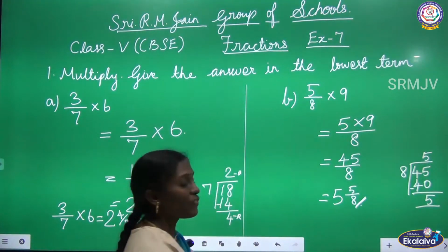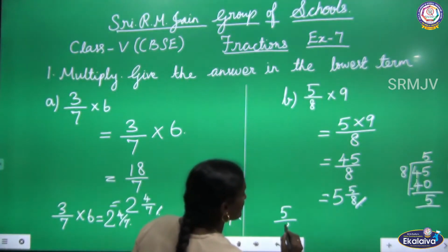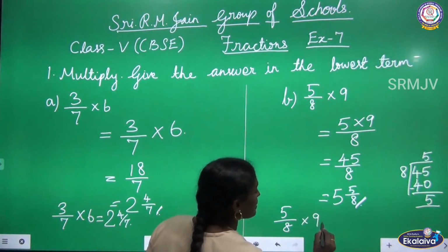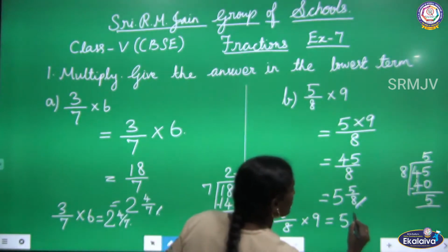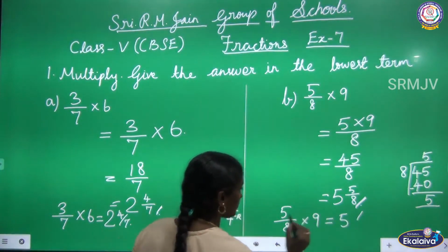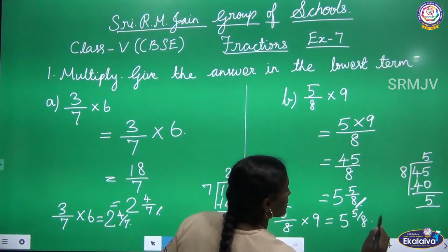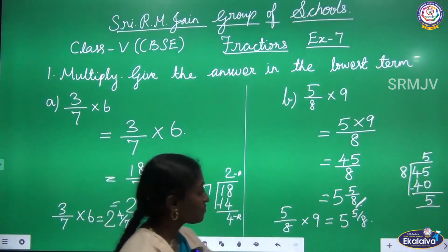So 5 by 8 is the answer. So 5 by 8 into 9 is equal to 5 by 8. Is it clear, children?